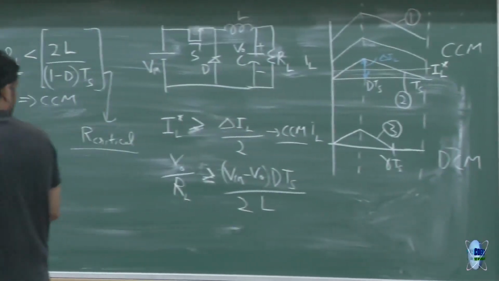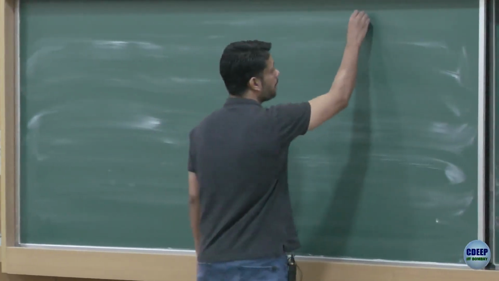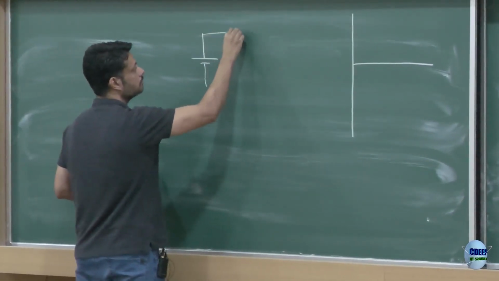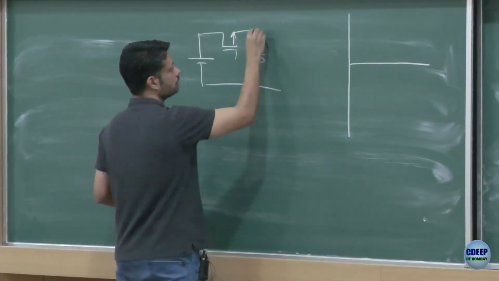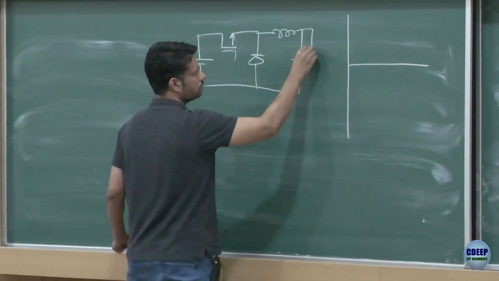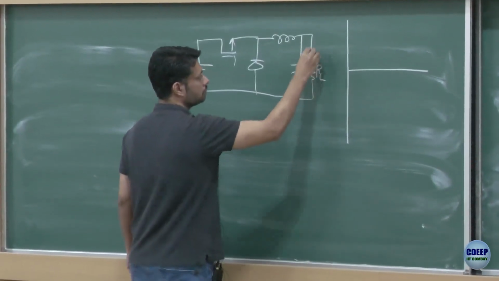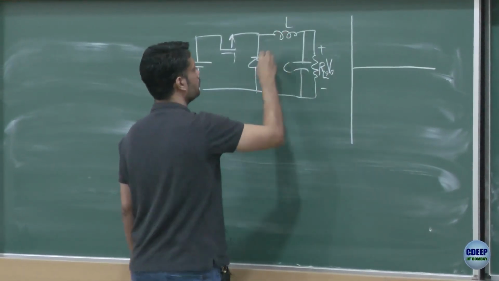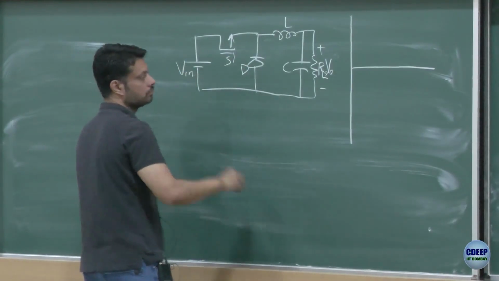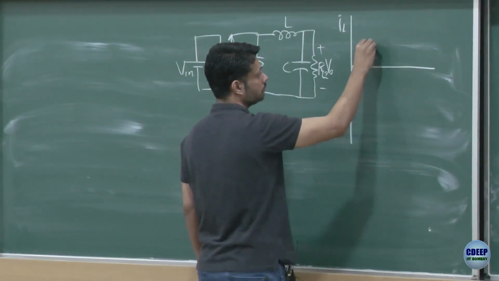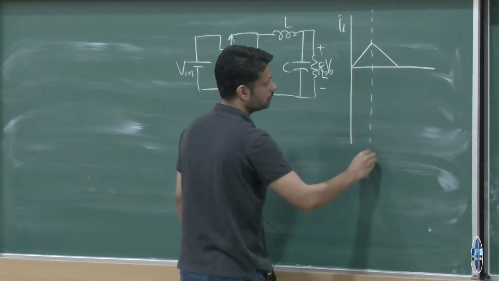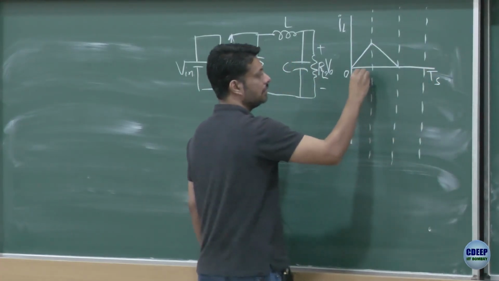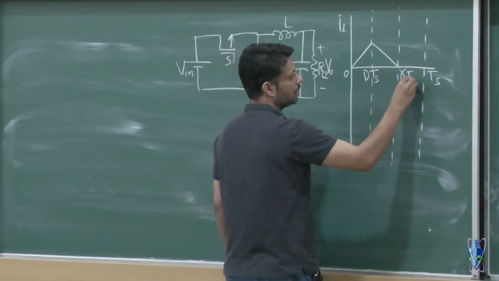Okay, now let's move to this board and let me just draw the converter again. Zero, Ts, dTs and gamma Ts.